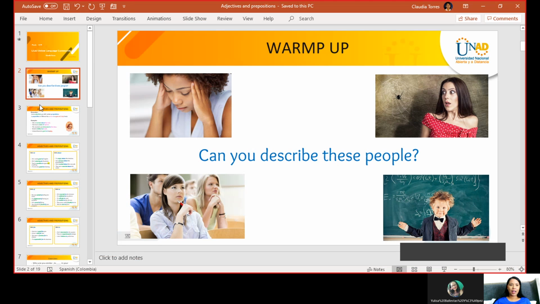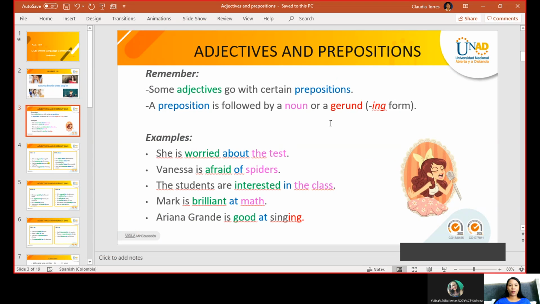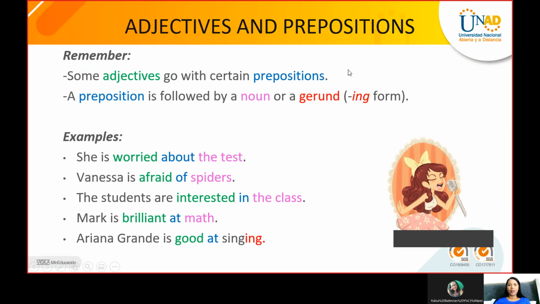Okay, so now we're gonna move to the topic. The topic for today is adjectives and prepositions, right? Adjectives are the words that you used before to describe people. But prepositions are words that you use to connect other words, like adjectives with nouns or adjectives with verbs. I don't want to confuse you.